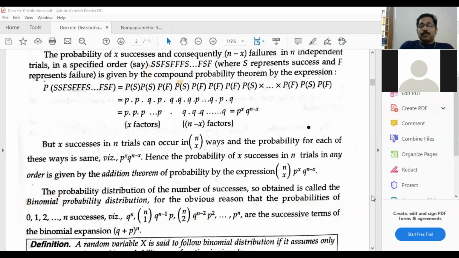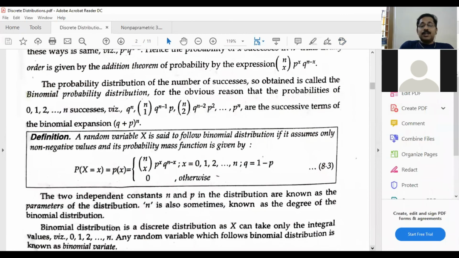A random variable x is said to follow the binomial distribution if it assumes only non-negative values, and its probability mass function PMF is given by P of x equals nCx p raised to x q raised to n minus x.